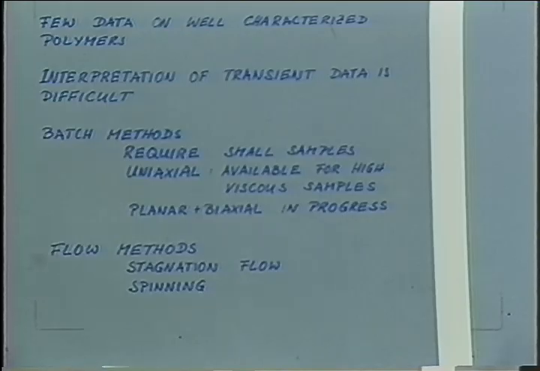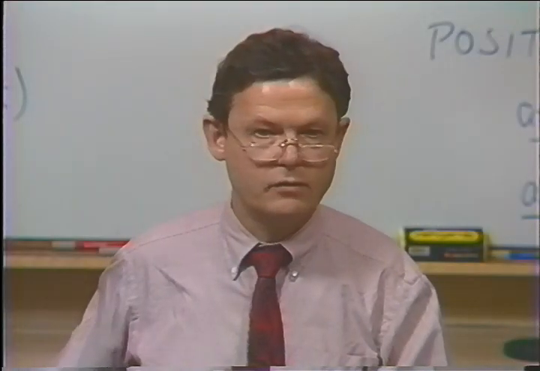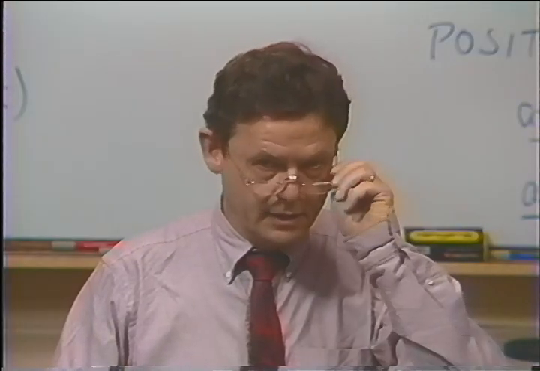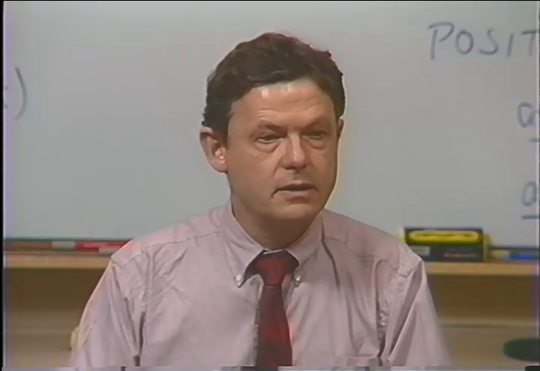Now, this entrance pressure loss gives some information on the stretching in the entrance region. So it's somehow related to extensional flow, but in a complicated fashion. So that also would be a flow approach for getting information on extensional flow. That's all I wanted to mention on extensional flow.